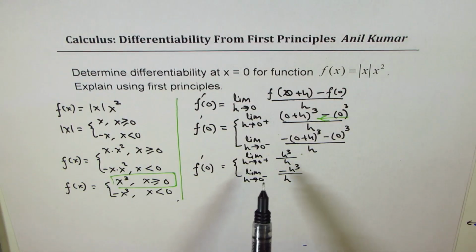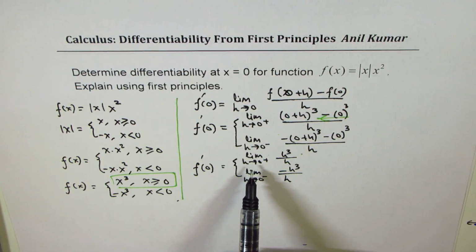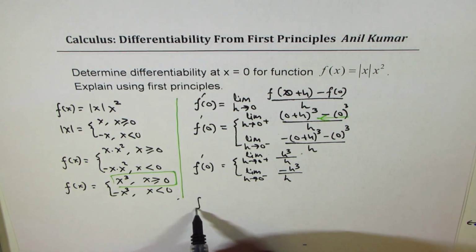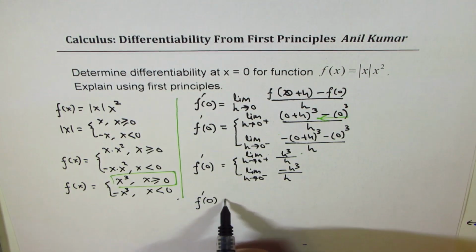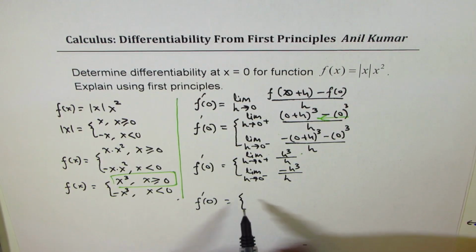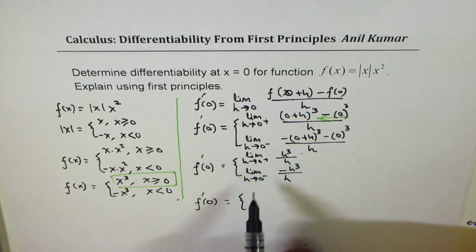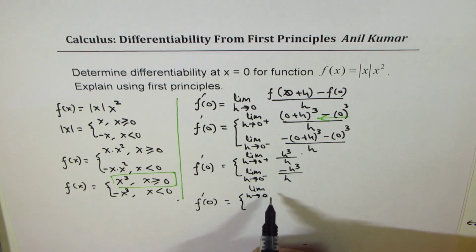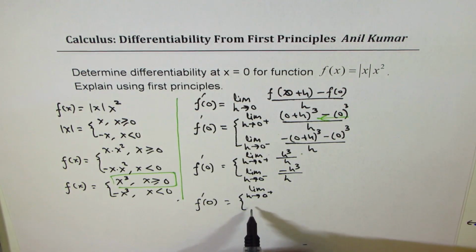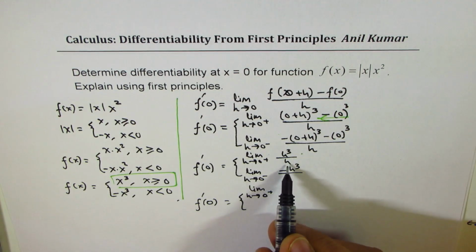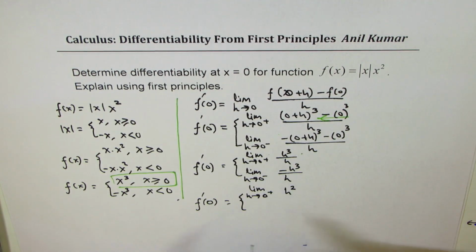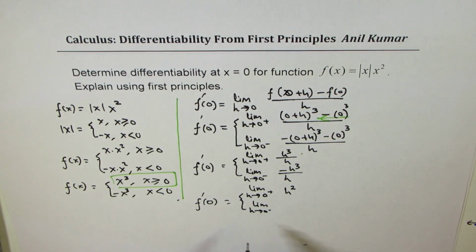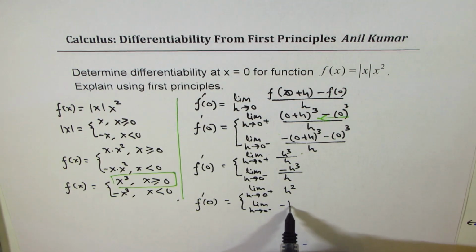So as you see, it is important to take one-sided limits for absolute value functions, right? So now we could simplify and write this as the derivative of the function at 0 will be the limit h approaches 0 plus, which means from the right side, of h cubed divided by h, which is h squared, right? And here we have the limit h approaches 0 from the negative side of minus h squared.